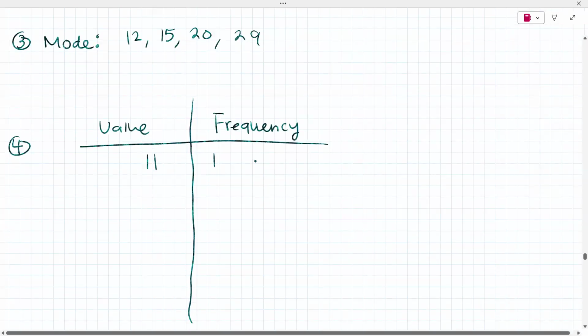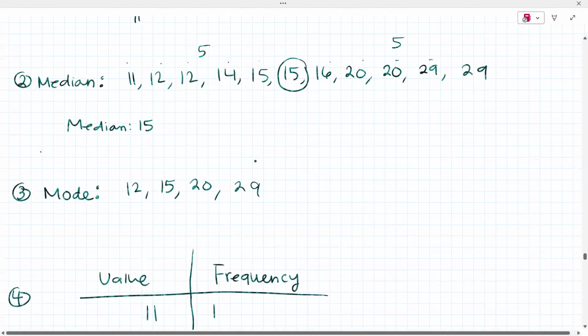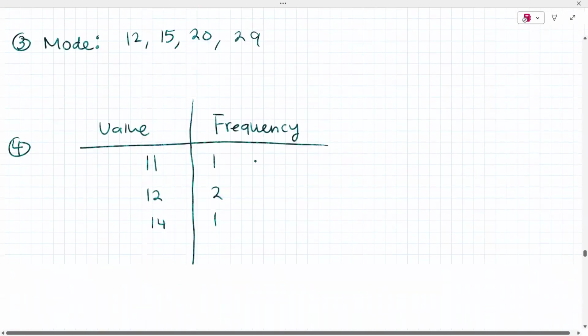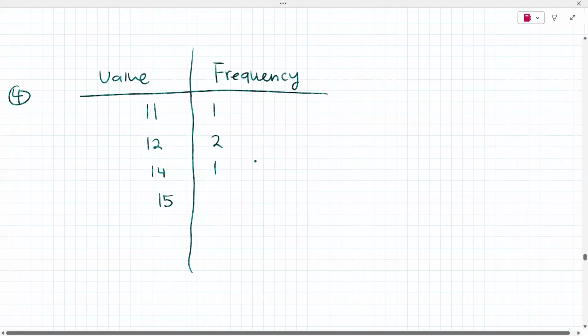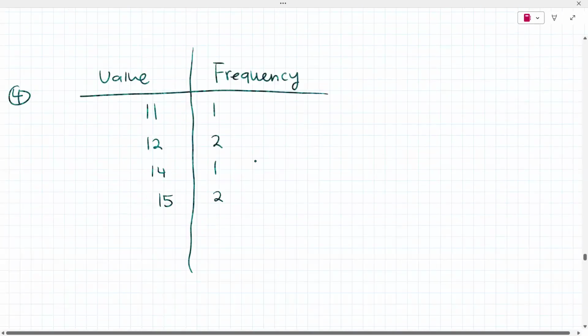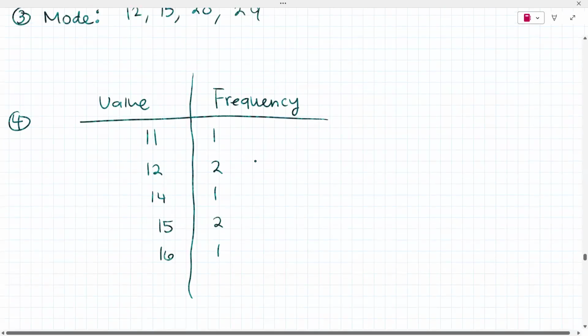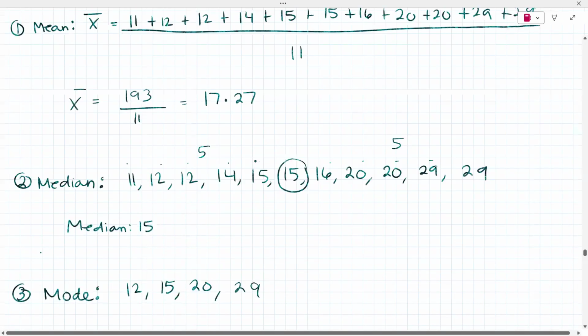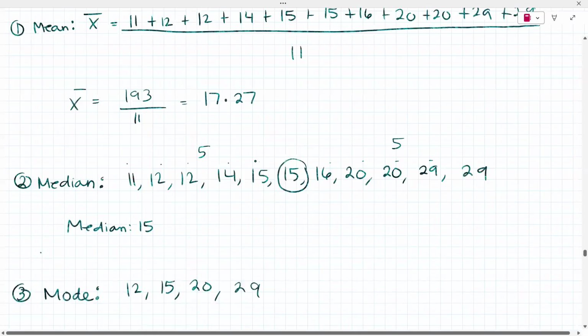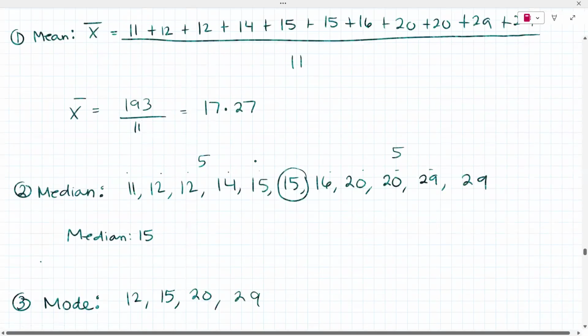Number 12 occurred twice, so you could put 2 there. 14 occurs once. 15 occurs twice. 16 occurs once. 20 occurs twice. 29 occurs twice.